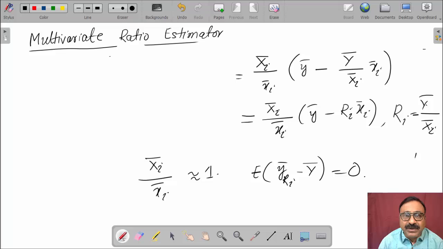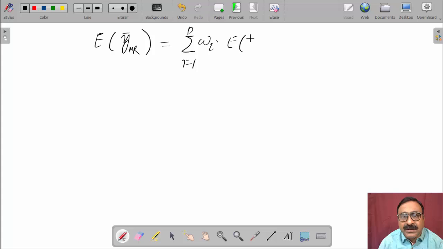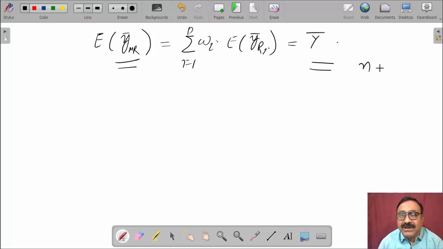So for large samples, we can write expectation of y-mr bar equal to summation i equal to 1 to p wi expectation of yri bar, that is equal to y bar. So y-mr bar gives an unbiased estimator of y bar when the sample size n is large.